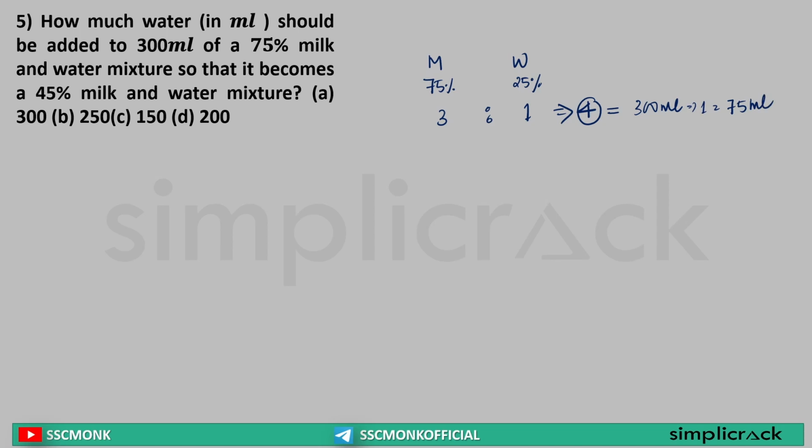Yes or no? Yes. Now it is saying whatever water I add to this mixture, it becomes 45% milk and the rest water, that is 55%. So if I solve this, I will get 9 is to 11, since 5 9s are 45 and 5 11s are 55. Clear?